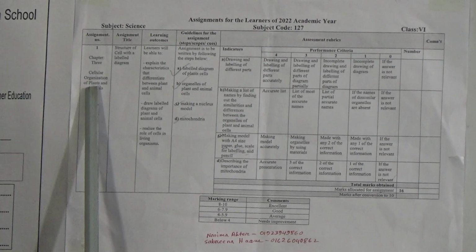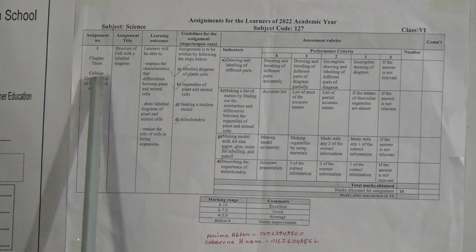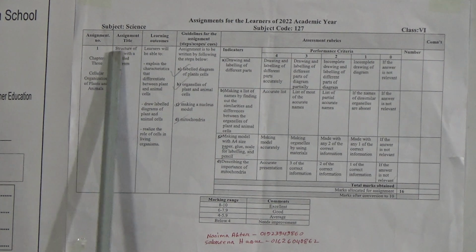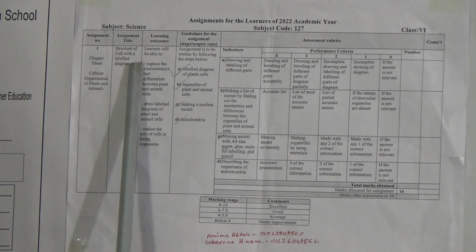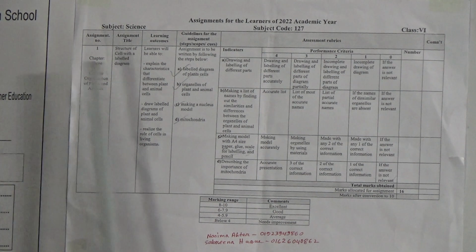Look at here, this assignment is based on chapter 3, and the name of this chapter is Cellular Organization of Plants and Animals, and the assignment title here is the Structure of Cell with a Level Diagram. That means this is the topic of the assignment, the title of the assignment also.